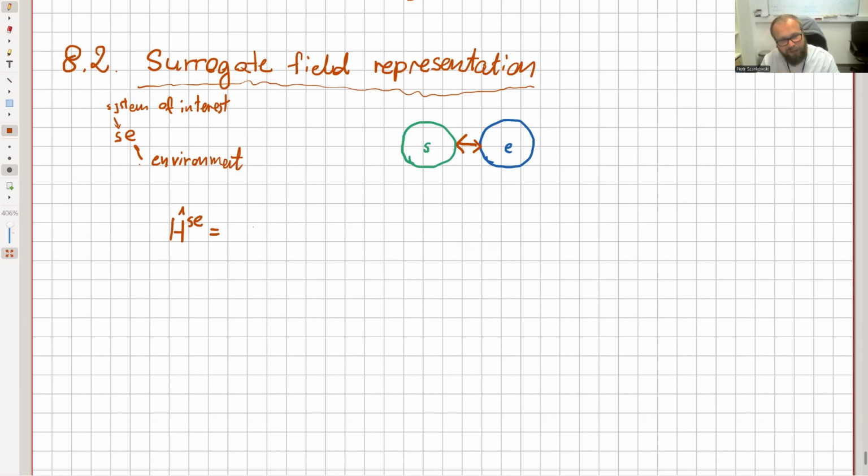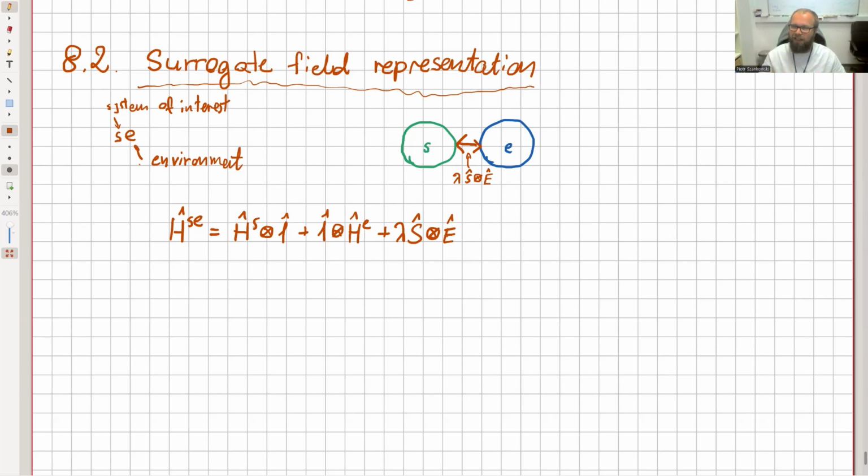The standard form: Hamiltonian in S, Hamiltonian in E, and there is interaction. So we have coupling constants, an operator in S, an operator in environment E. So this guy here is lambda S times E.